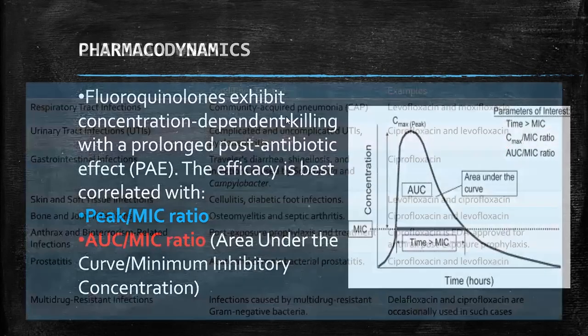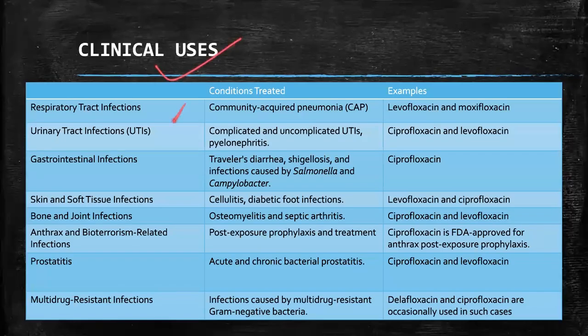Next, if we look at the clinical uses. For urinary tract infections, complicated and uncomplicated UTI, ciprofloxacin and levofloxacin are good. Respiratory tract infections like community-acquired pneumonia, levofloxacin and moxifloxacin are good.